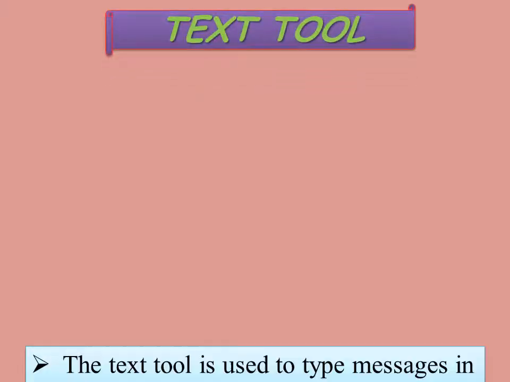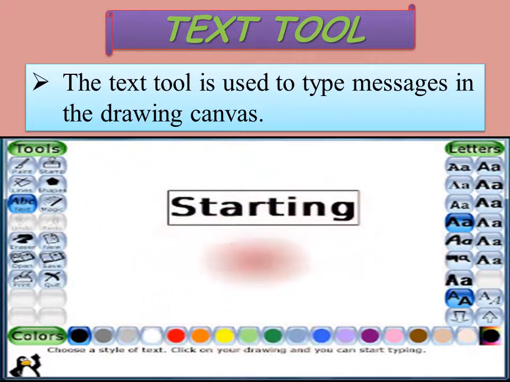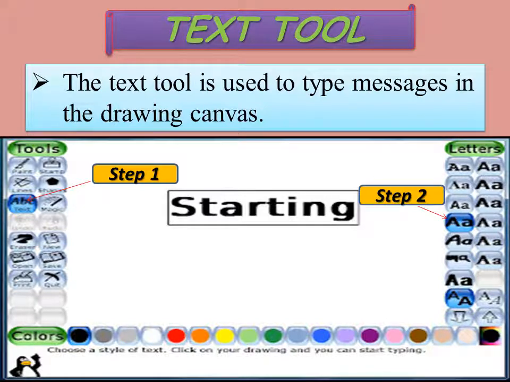Text tool. The text tool is used to type messages in the drawing canvas. How to use text tool on Tux Paint. Step 1. Click on the text tool. Step 2.